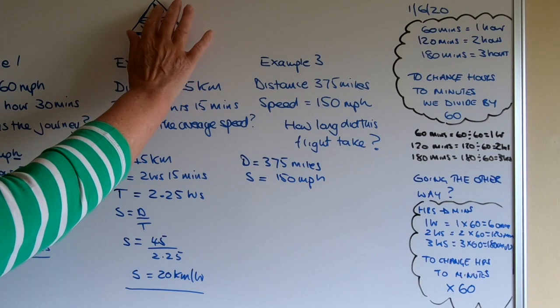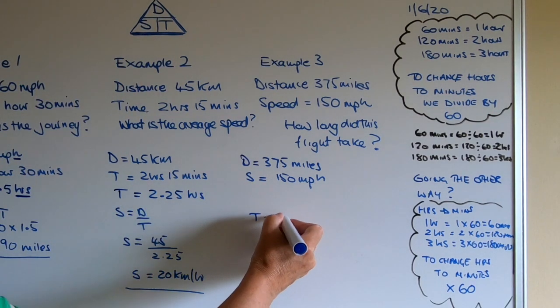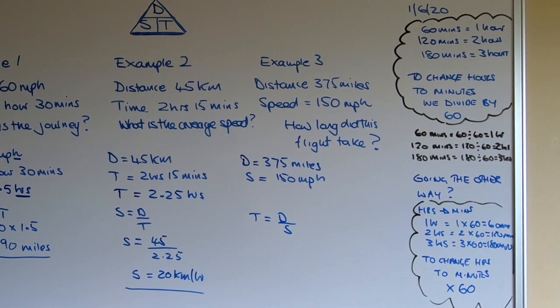So the time is distance divided by speed. So that's the formula we're going to use. Distance divided by speed. Now, miles and miles per hour, absolutely fine. We're ready to go, and our time will be in hours. Our distance is in miles. Our speed is in miles per hour. So nothing to change there.